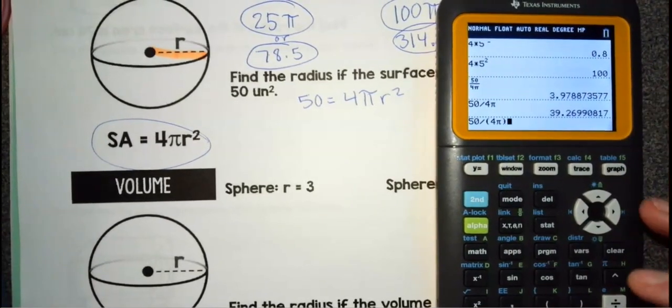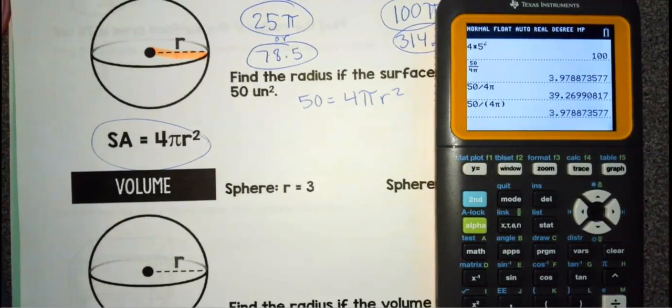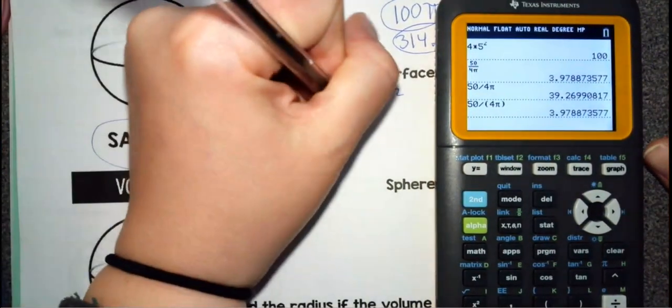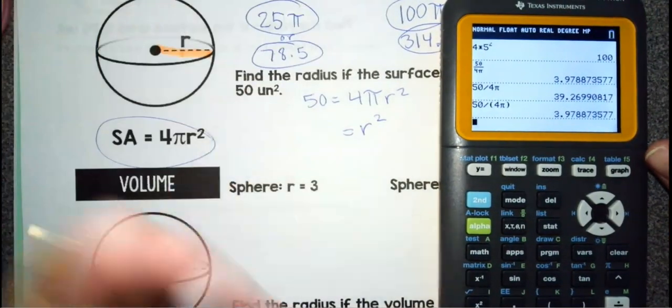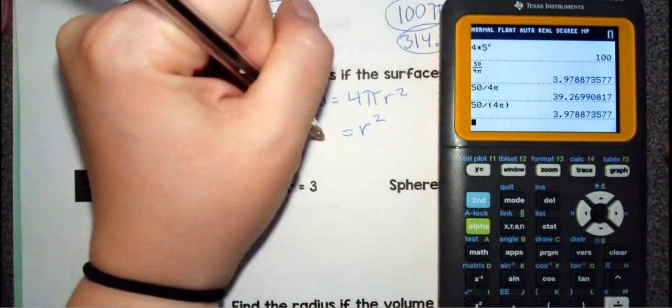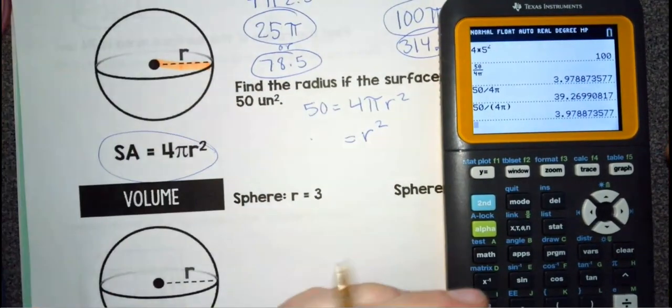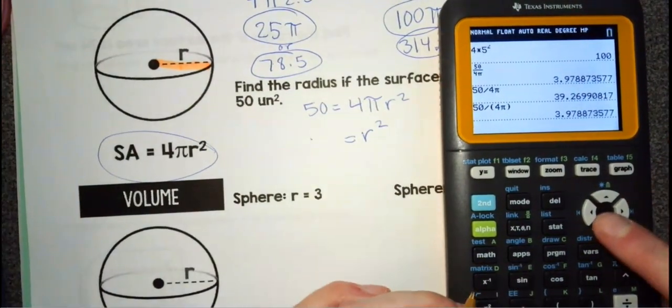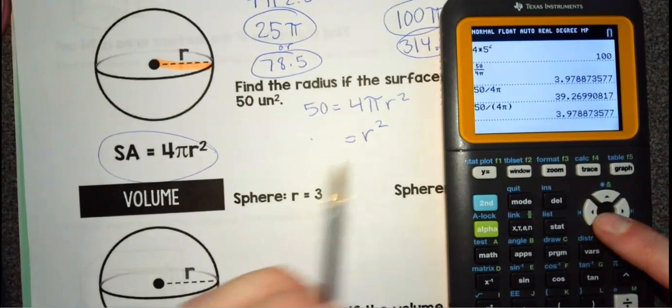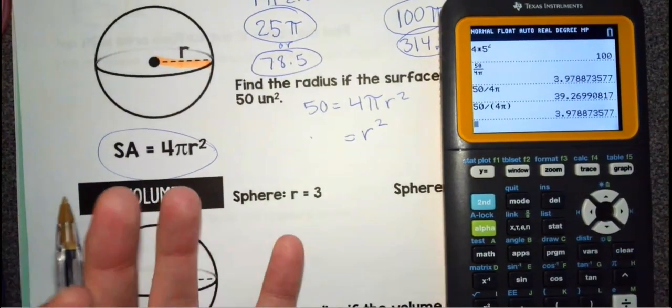Both of those methods will get you the correct answer, but don't do it wrong. Do it correctly. But every year somebody puts it in wrong. Either that or you could divide by 4, then divide by pi separately. That works too.